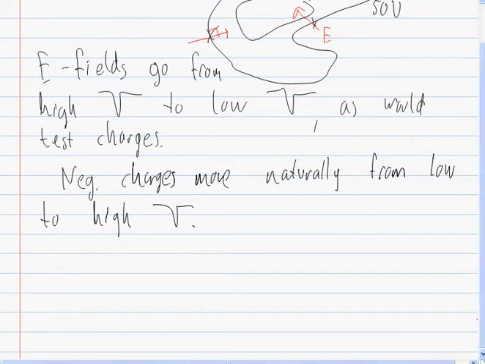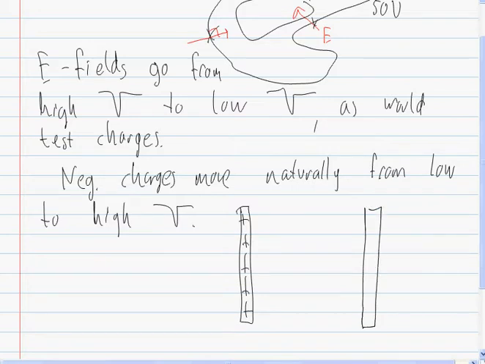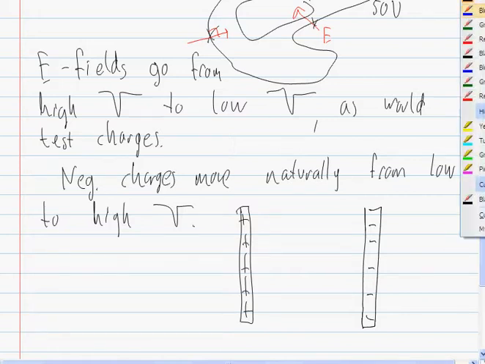If, let's say we had, say, a set of parallel plates. Positive, negative, and you know the electric field is going to go from left to right.